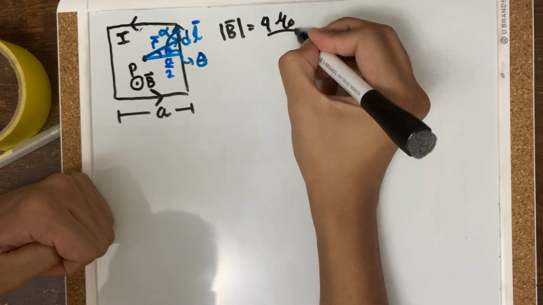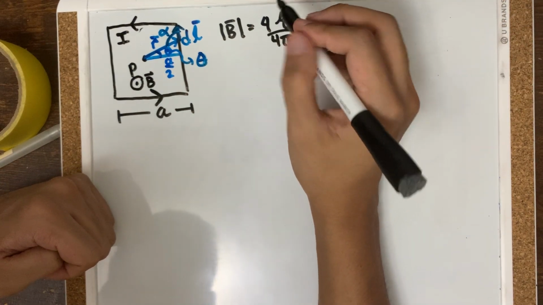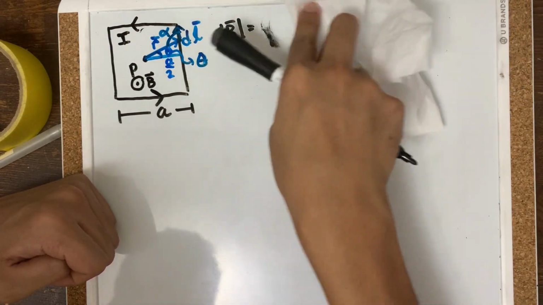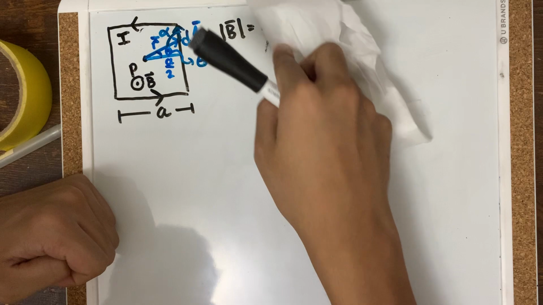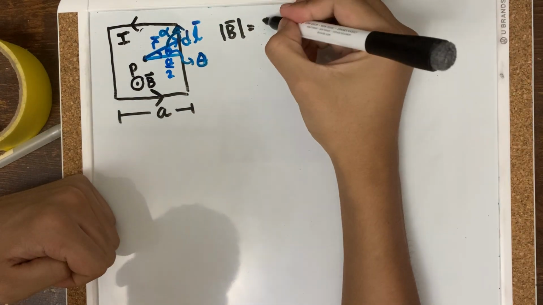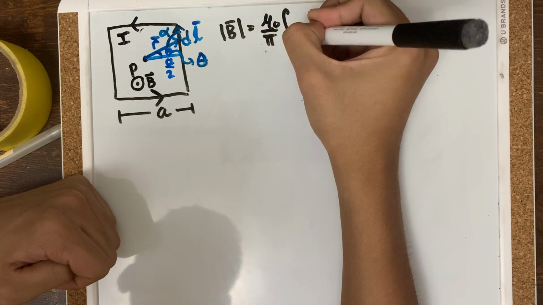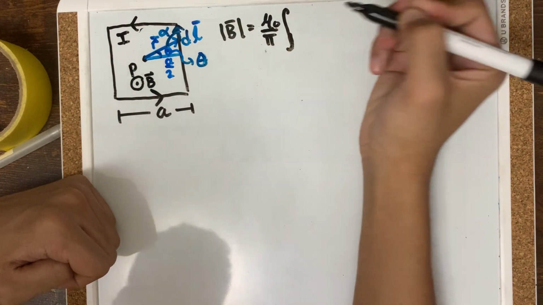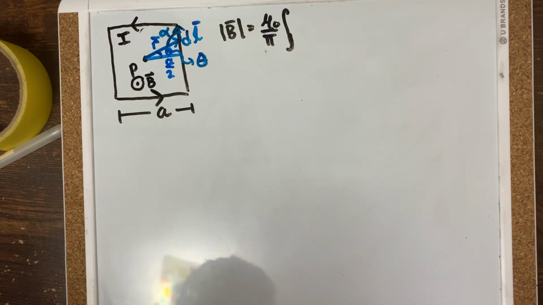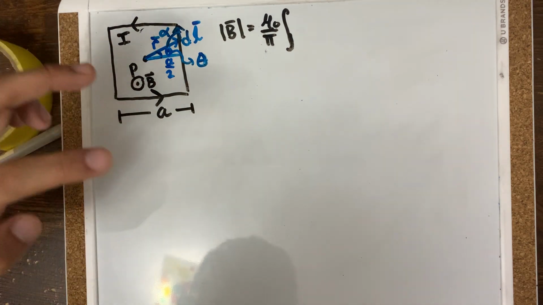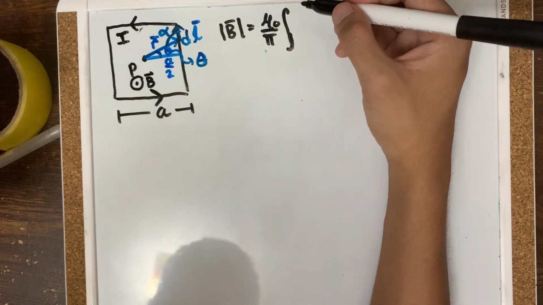We can actually cancel out this 4, so I'm just going to do that now to make life easier. So it's mu naught over pi times the integral. We're going to need to find our upper and lower bounds, but we'll do that later so it's more clear.